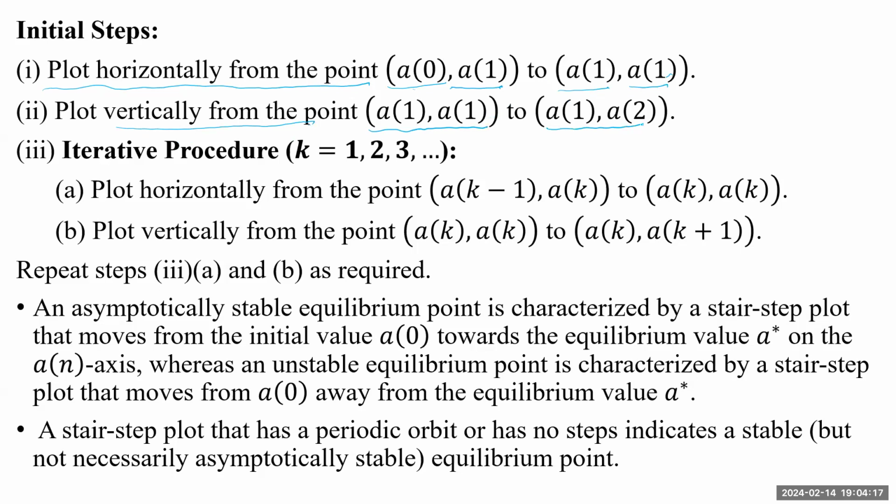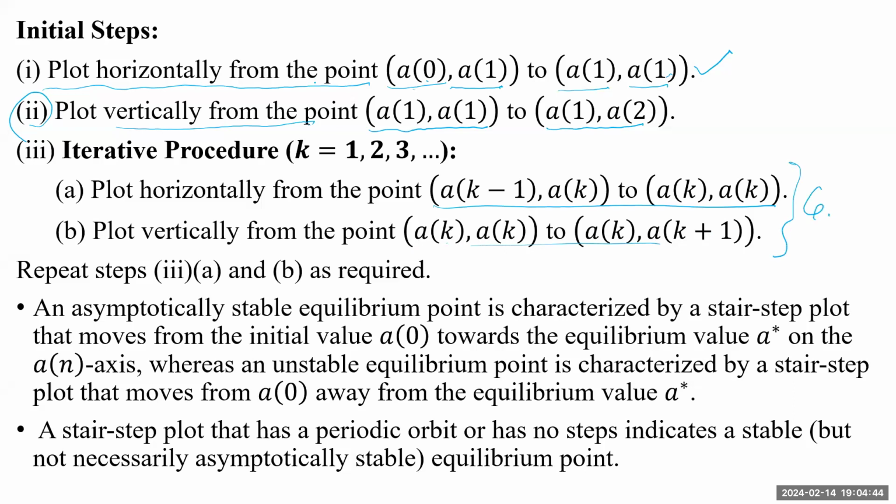So you have to continue iteratively. This is the general form: the point A of k minus 1, comma A of k. If you put k equals 1, you will get the first point, and the second one you get when you substitute k equals 2. So this is the general one.